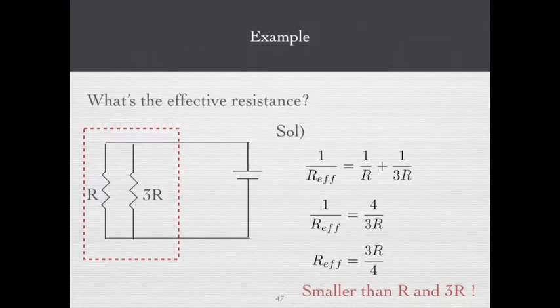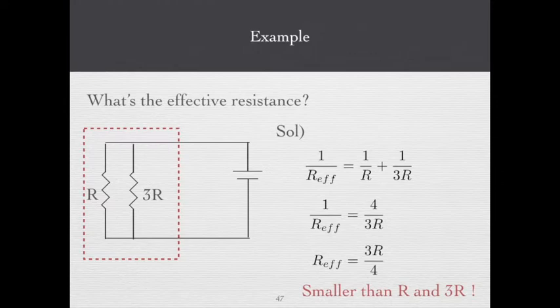It's 3/4 of R. This effective resistance is actually smaller than any of these resistances, since 3/4 is less than 1 and 3. So if you want to use an effective resistance to represent these two, you actually want to use a smaller one. This is a very interesting case.